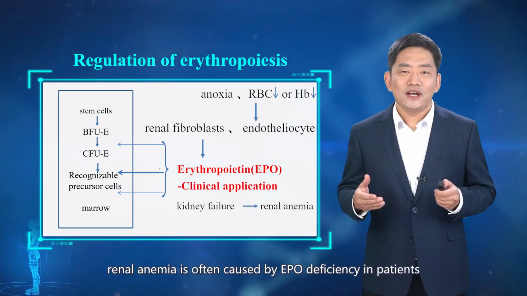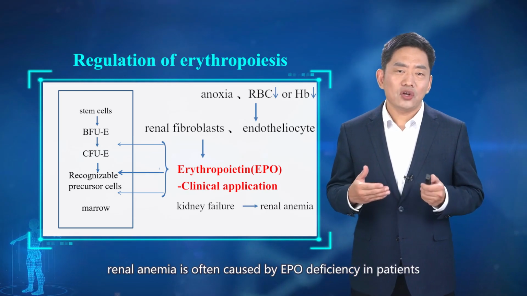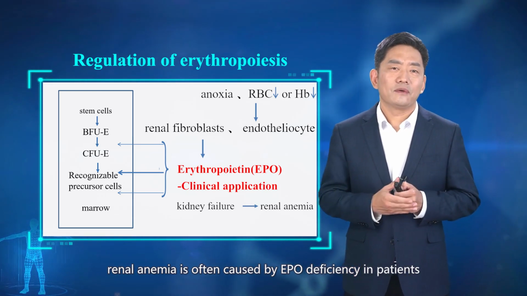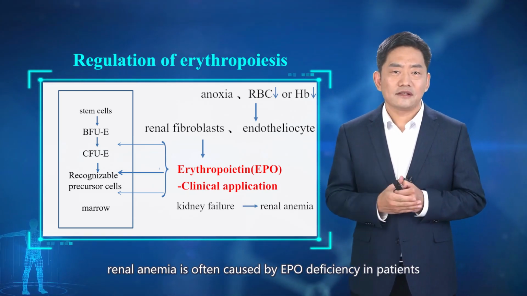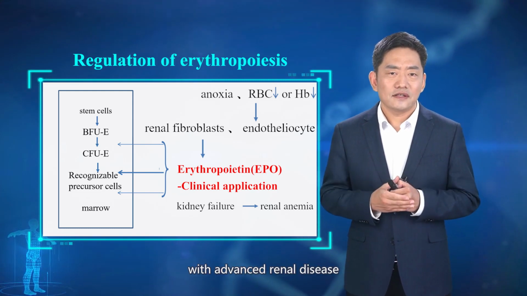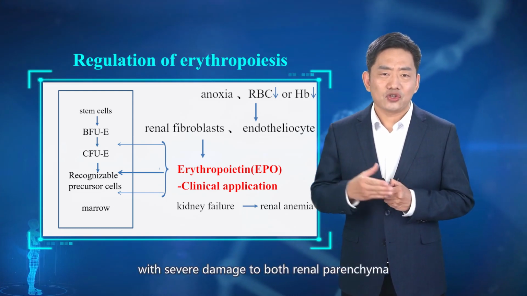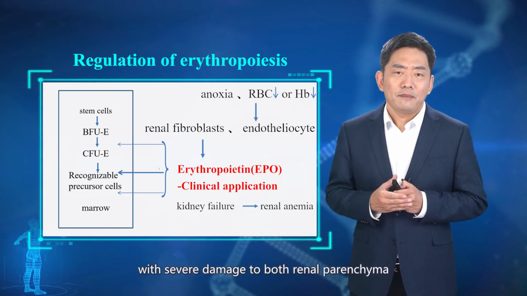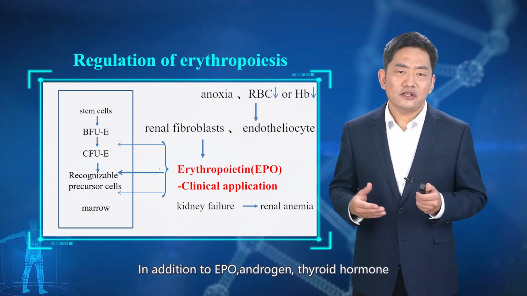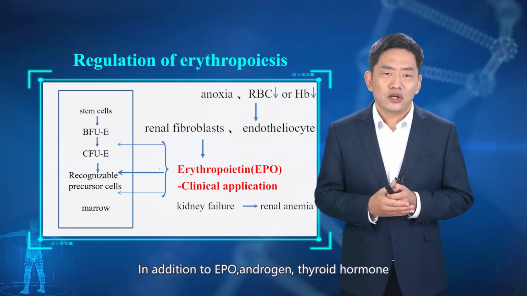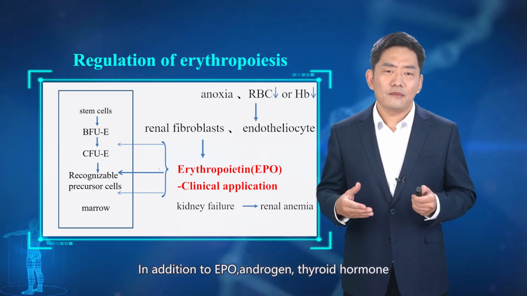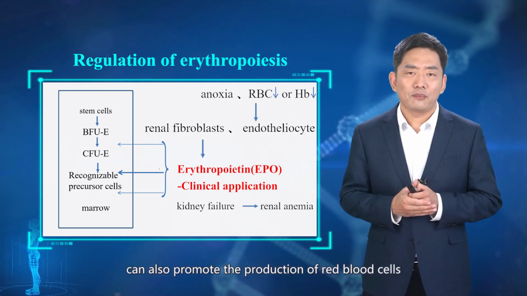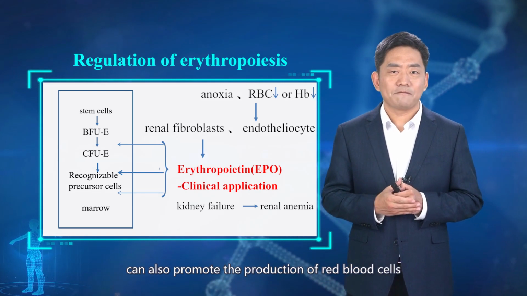Therefore, renal anemia is often caused by EPO deficiency in patients with advanced renal disease with severe damage to both renal parenchyma. In addition to EPO, androgen steroid hormone can also promote the production of red blood cells.